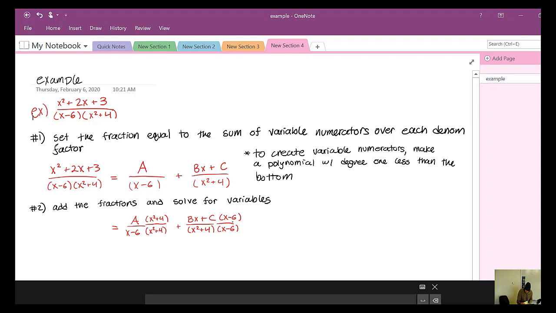And if we solve that out, distribute a over, we get ax squared plus 4a. And if I FOIL this one out, this becomes plus bx squared plus cx minus 6bx minus 6c.